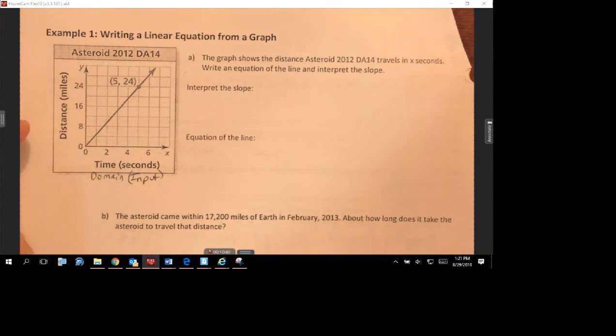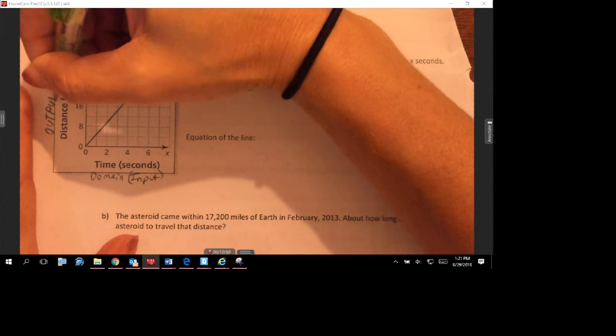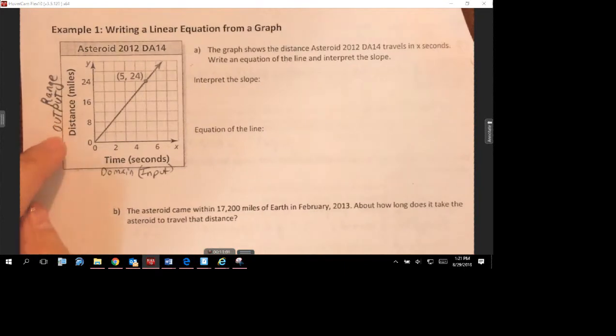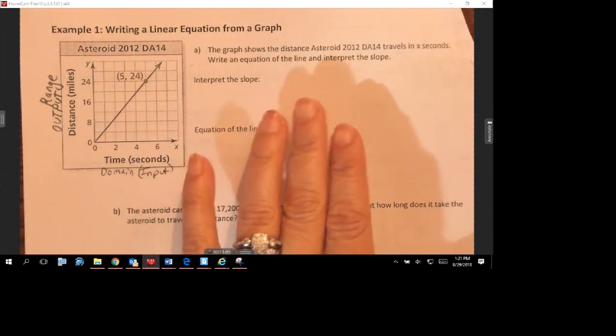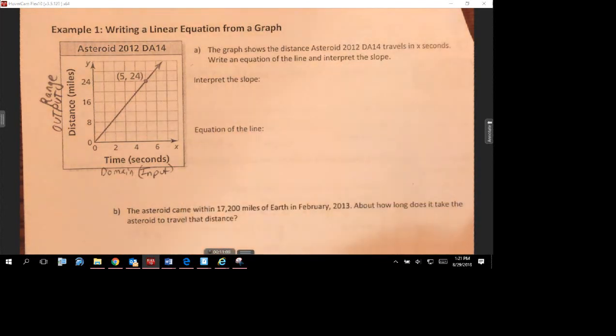So as time is passing, this asteroid is moving. Distance in miles. So this would be the output or the range. So as time is progressing, like time does, this asteroid is moving.